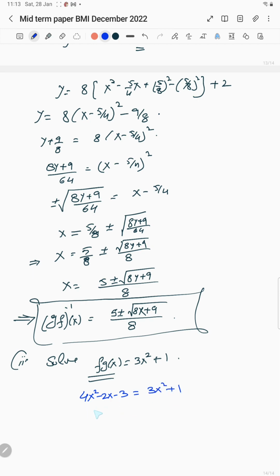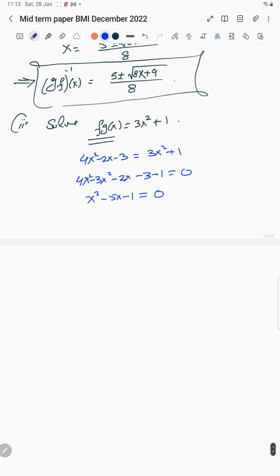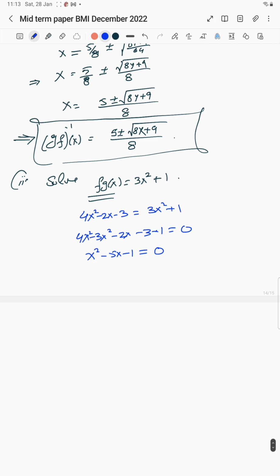Simplify everything, bring here to simplify. 4x square minus 3x square minus 2x minus 3 minus 1 equal to 0. So x square minus 2x minus 4 equal to 0. We will get this thing, right? Now we need to solve this either by converting square or any method. You can solve this.